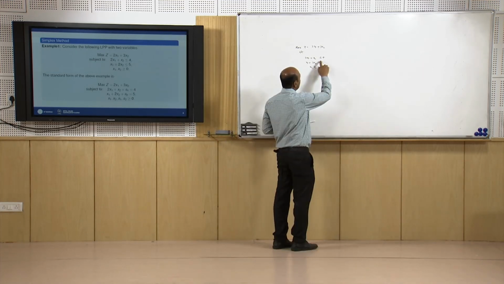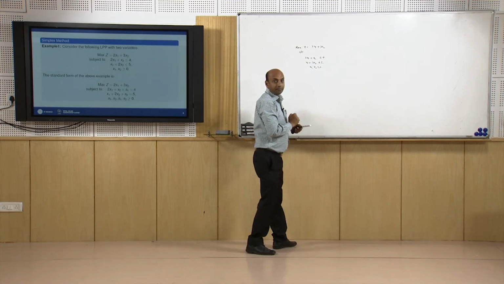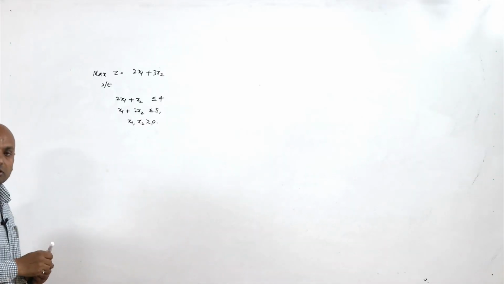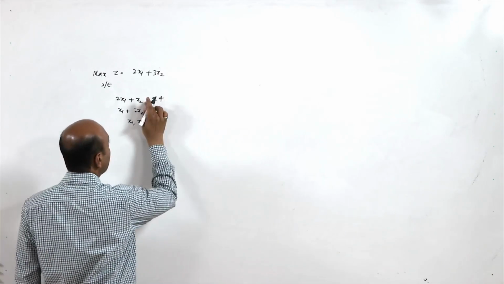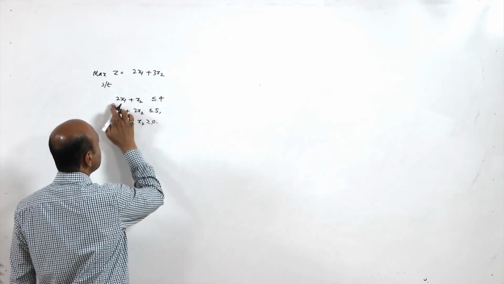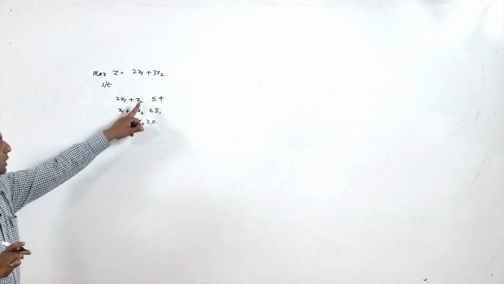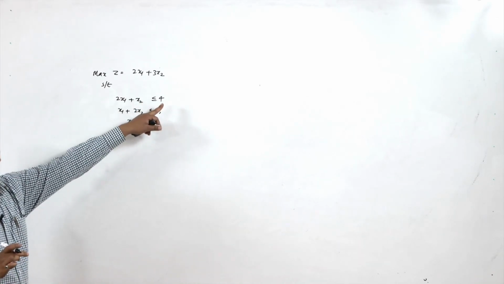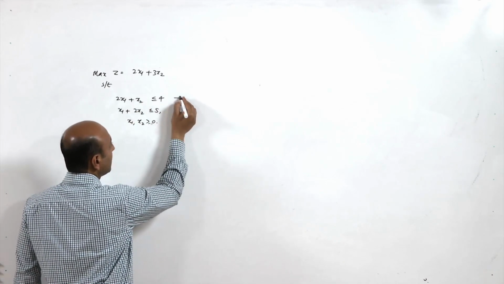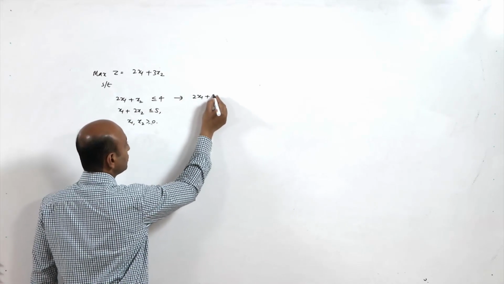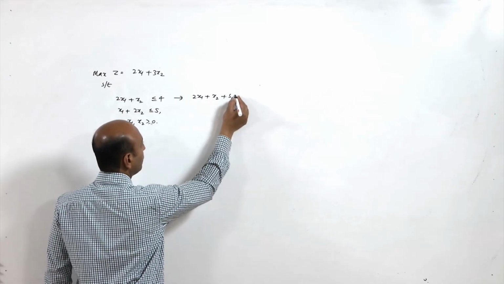Let us see. This is an inequality of less than or equal to type. To make it an equation, we add a variable on the left hand side, because this quantity is less than or equal to this, that means we have to add some non-negative value to make it an equation. So, we write 2x1 plus x2 plus s1 equal to 4.